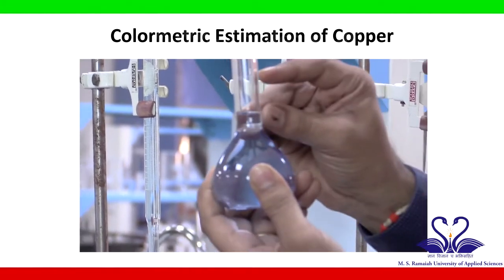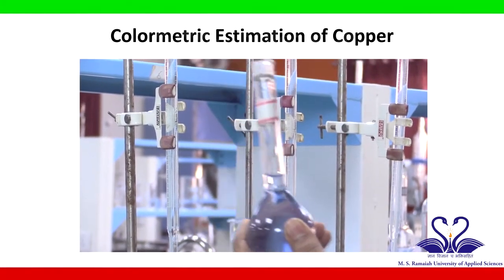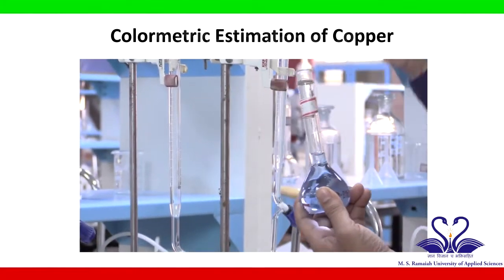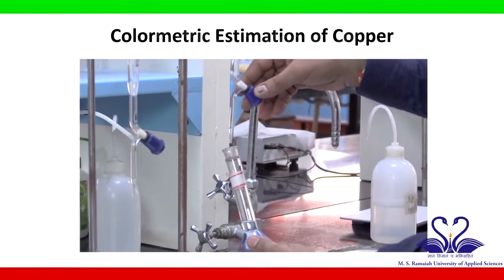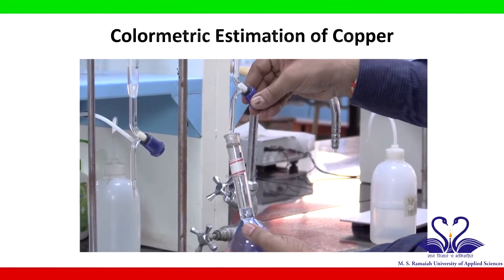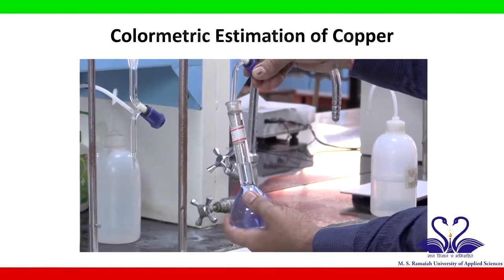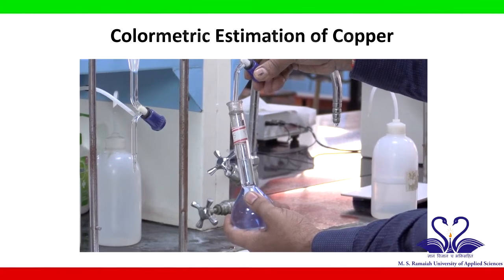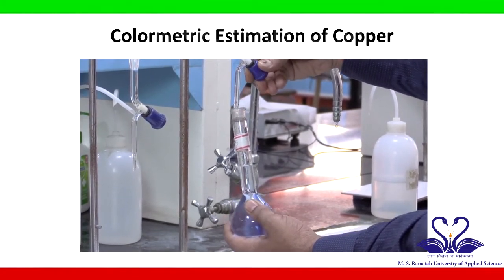Now, to the mark, it is very difficult to control using this wash bottle. So, I am using another burette which I have filled with the distilled water. So, we can go on adding it in a dropwise fashion, slowly up to the mark, the lower meniscus.